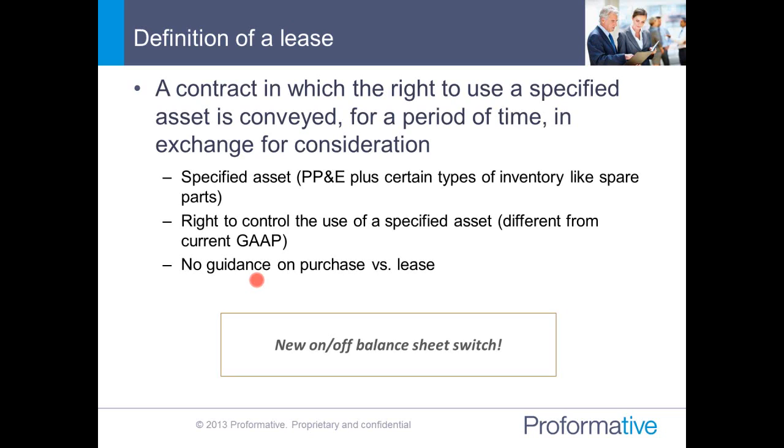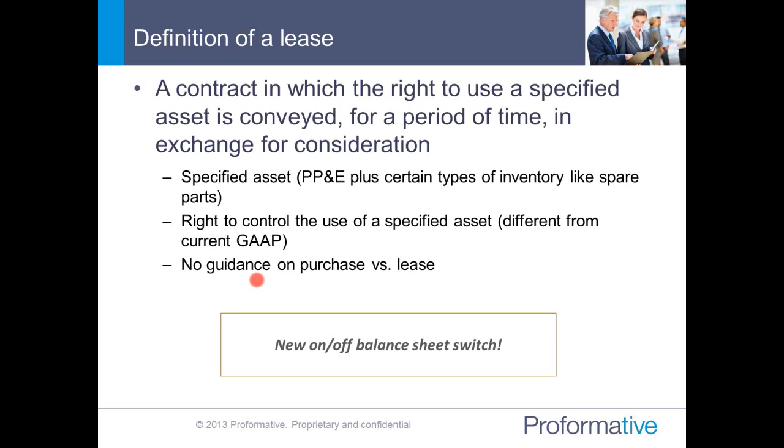Now, they define a lease as a contract in which the right of use for a specified asset is conveyed for a period of time in exchange for the obligation to pay rent. The specified asset is basically the same scope as the lease standard today.